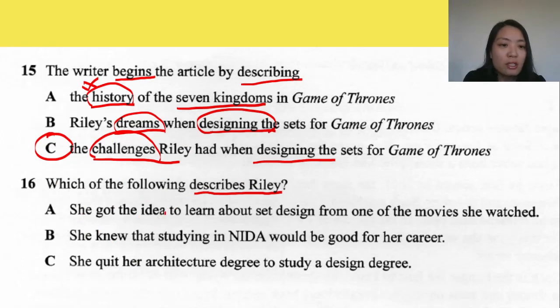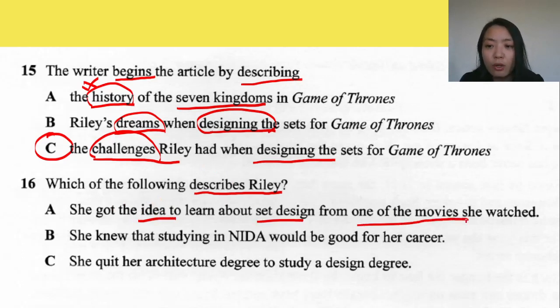So first, is it she got the idea to learn about set design from one of the movies she watched? So was there something that made her feel that, okay, I want to do something about set design? Or does she know that studying in this institution, NIDA, would be good for her career? Or is it she quit her architecture degree to study the design degree?